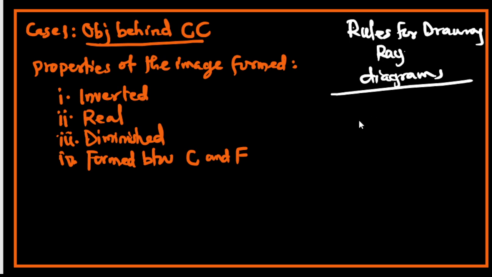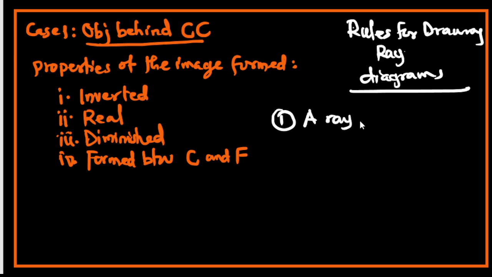So the number 1 rule is that any ray that goes parallel to the principal axis will always pass through the principal focus after reflection.